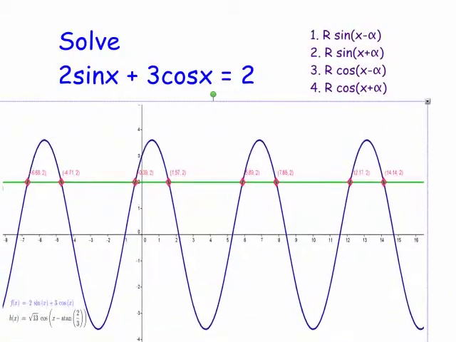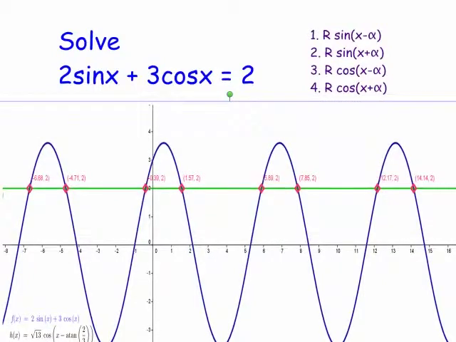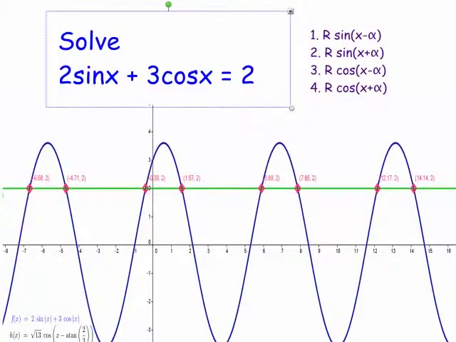I'll just try to make it a bit bigger. Basically, we are looking at where that particular graph, 2 sine x plus 3 cos x, which is drawn here in blue, crosses the line y equals 2, that's the green, and we have these little red triangles around the actual points of intersection. So these are the values which we're actually after.